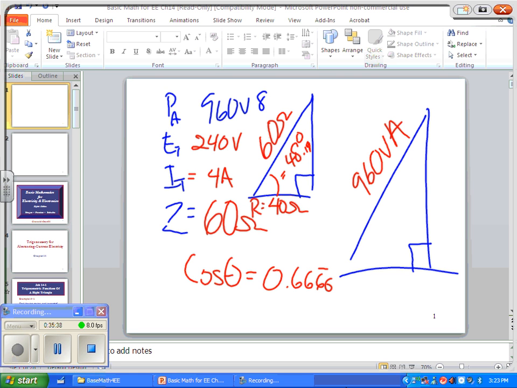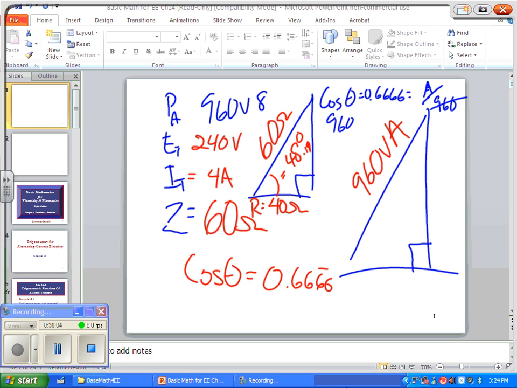Why is that? Because the cosine is equal to 0.666, and that's equal to A over H, another adjacent over hypotenuse. And we know the hypotenuse. So it's A over 960. So if we just multiply 960 by both sides, this will drop out.